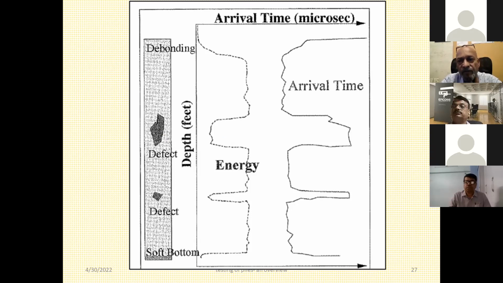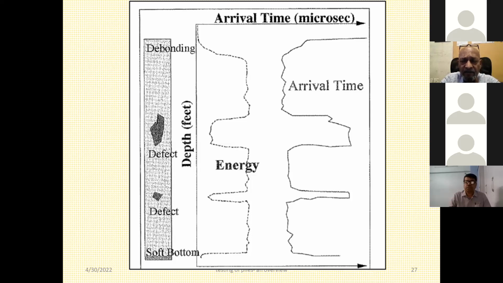So this needs to be understood from the point of view of the pile data, whether you can get any hint from the pile data about what kind of problem must have occurred during construction. So we can try to interpret whether this is because of honeycombing or voids or necking. So it involves some kind of speculation.